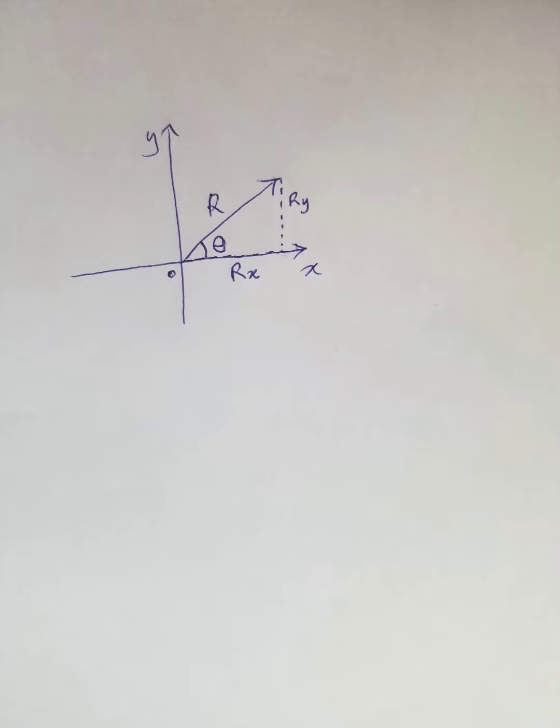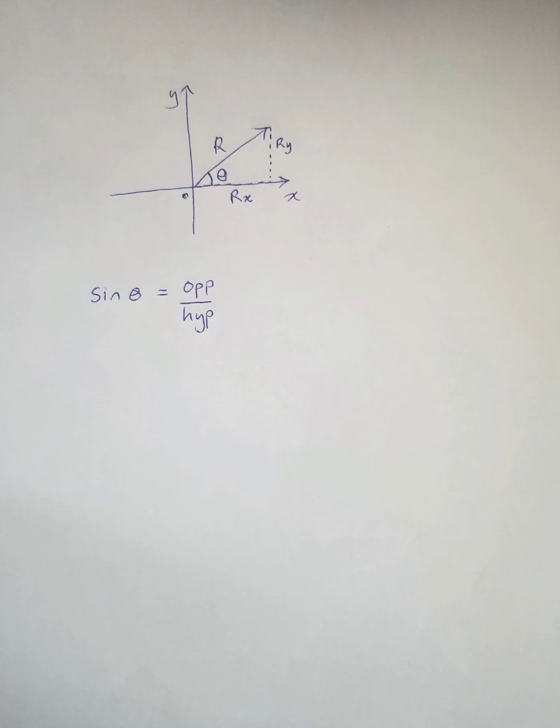And so to find our y component, which we're going to call ry, we will have to use SOHCAHTOA. We'll do the same also for rx. We'll have that sine theta is equal to the opposite over the hypotenuse, just like we said in the first video.